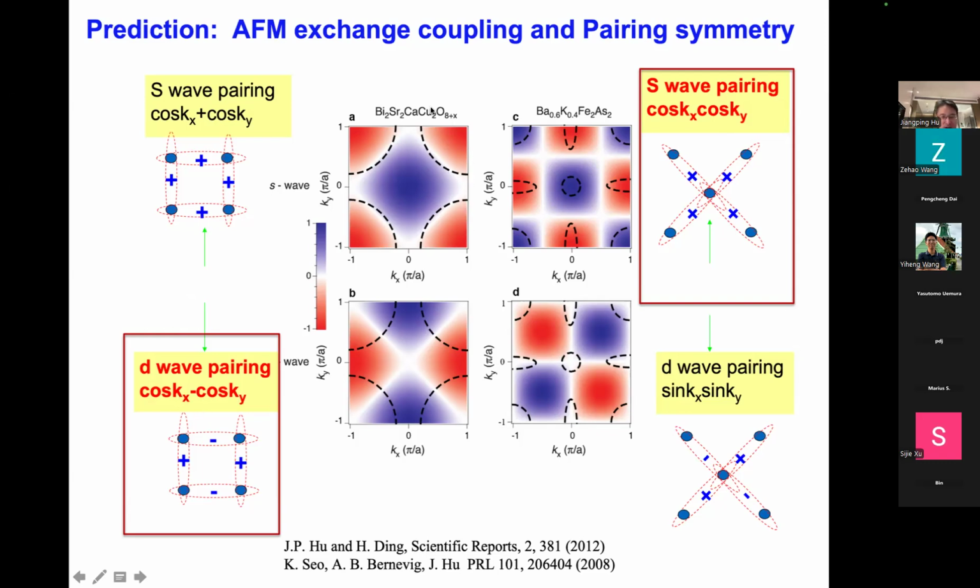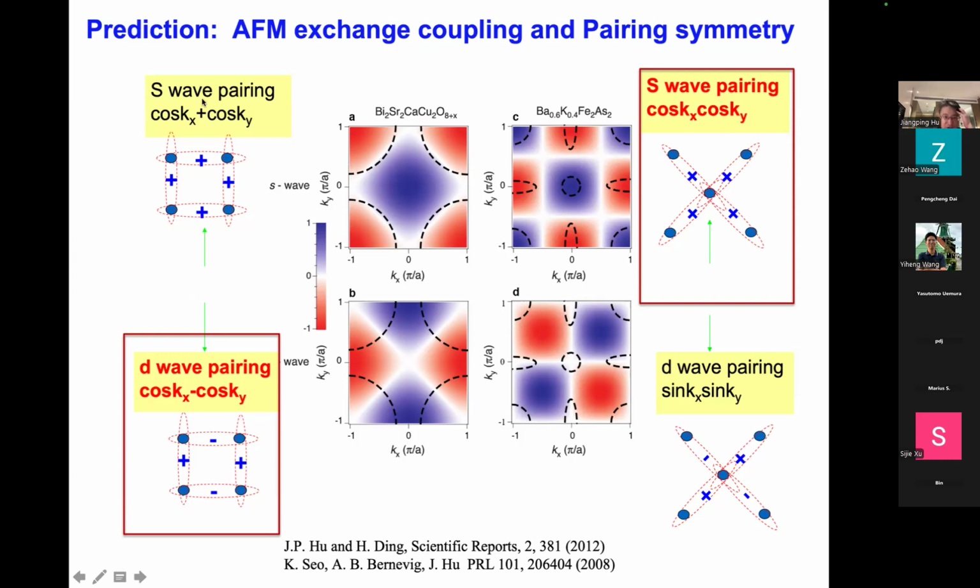If you look at the cuprates Fermi surface, these dashed lines, you can plot the cosine kx plus cosine ky weight on this Brillouin zone. You can immediately see that the Fermi surface is located where the S wave form factor, the white place, is almost zero.